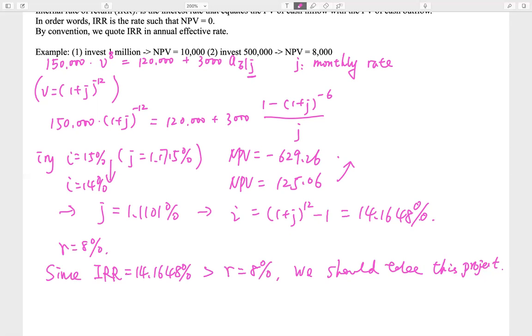The textbook does show it. It has a decreasing curve. This is your NPV, this is your interest rate, what you try. It's decreasing, and at some point you will get 0. This is the point that gives you IRR.